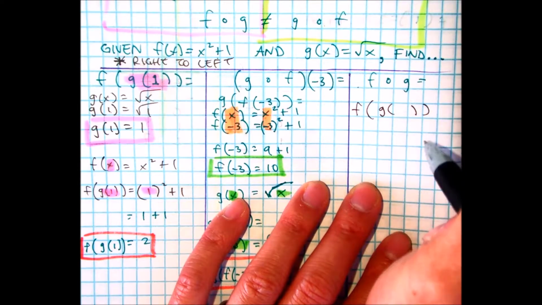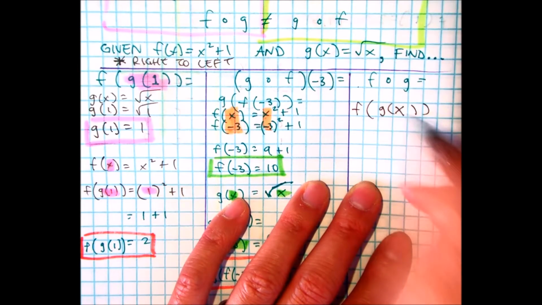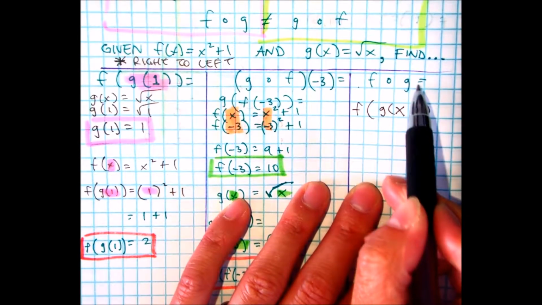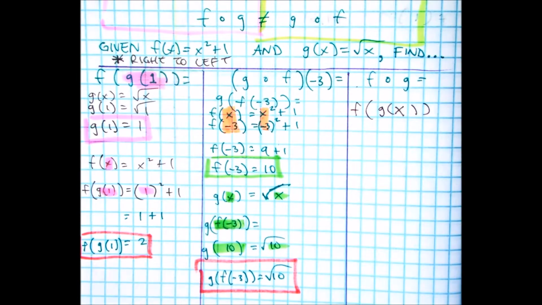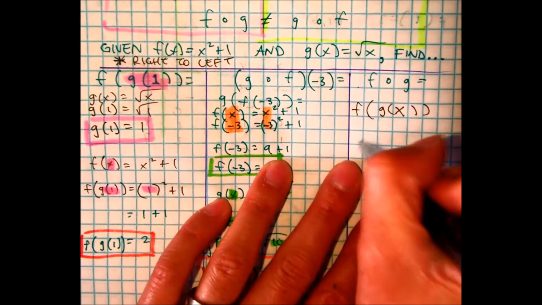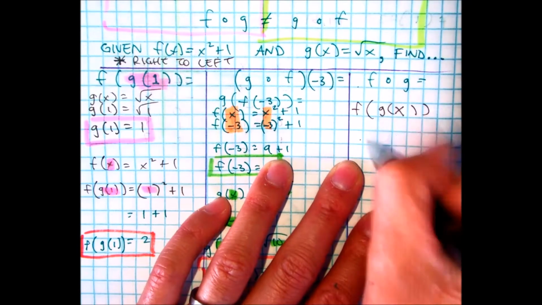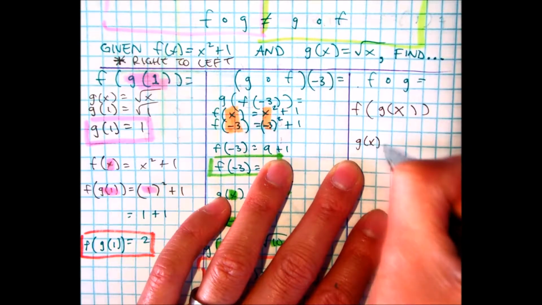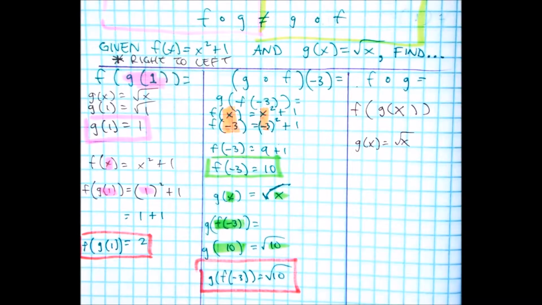So if you have no number, you put in x. Class, when there's no number, what do you put? X. Okay. So basically, let's write g of x, because we're working from the right side to the left. So g of x equals the square root of x.